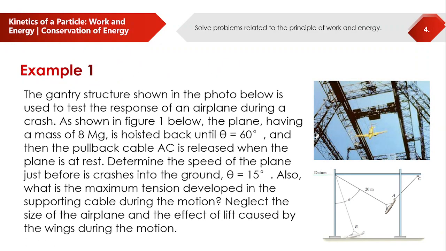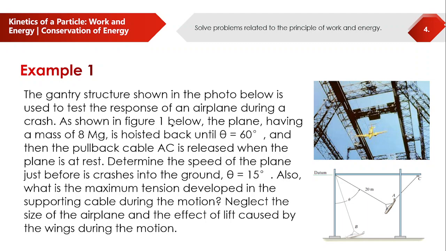Okay, let's have an example para ma-apply din naman natin yung conservation of energy. Okay, so the gantry structure shown in the photo beside the question is used to test the response of an airplane during a crash.